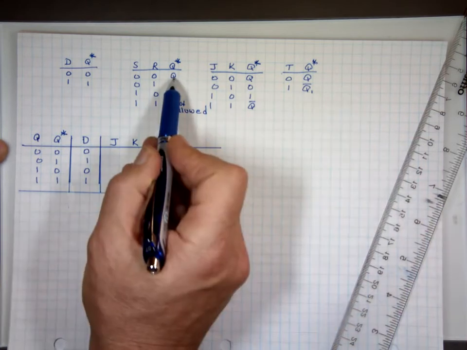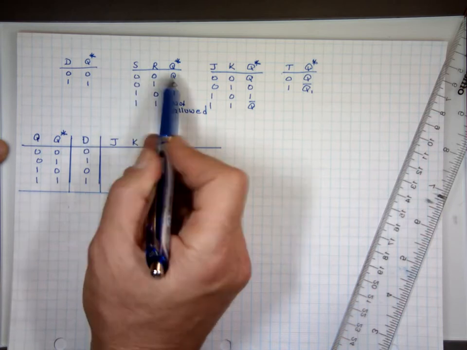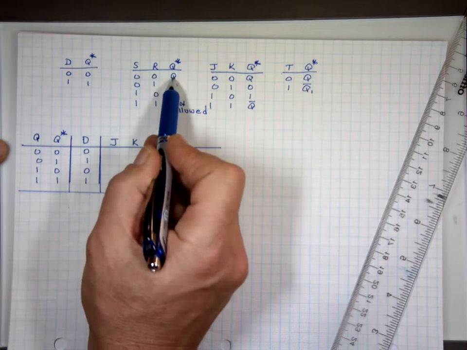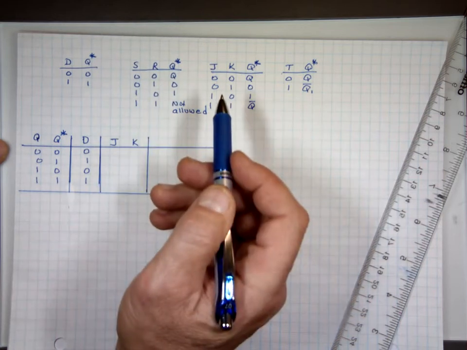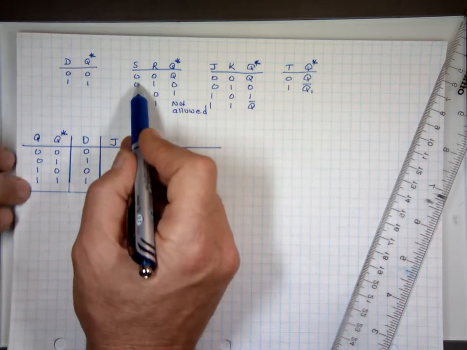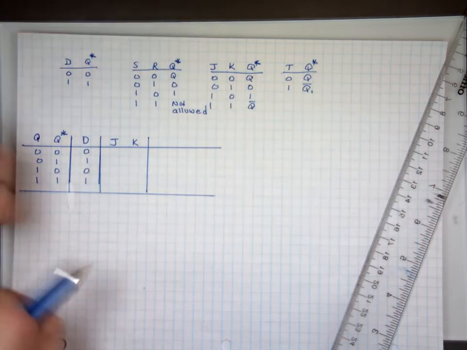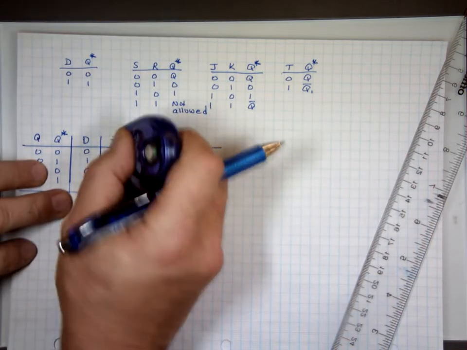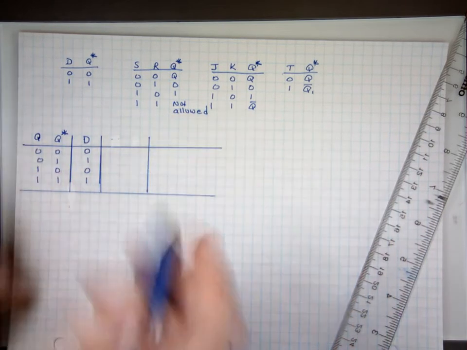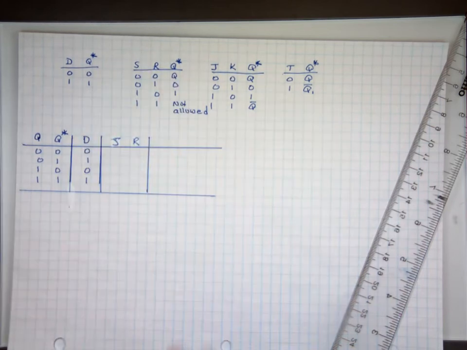That's this case. So it could be staying like this. You could have 0, 0. That will give me the same thing, or what? If it's 0, 1. So as long as S is 0, oh, I'm looking at JK, I'm sorry. I want to do SR. I'll put them in order. Doesn't really matter, but I'll go in the order I listed them up there.